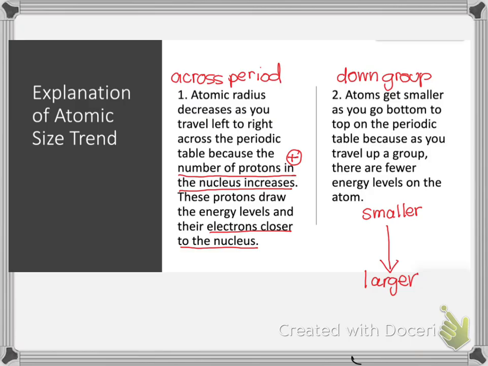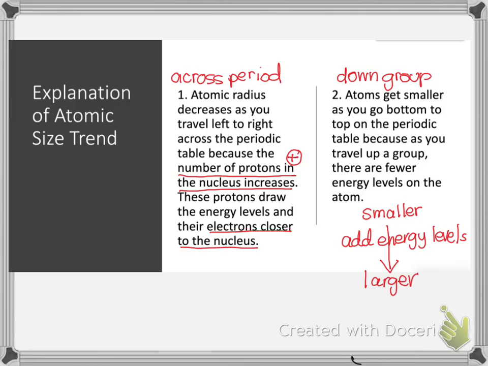As you add energy levels, it's like putting on more layers. So as you add the layers, your atoms get larger. So at the bottom of the periodic table, the atoms have more energy levels and they're larger. At the top, they have fewer energy levels, so they're smaller.